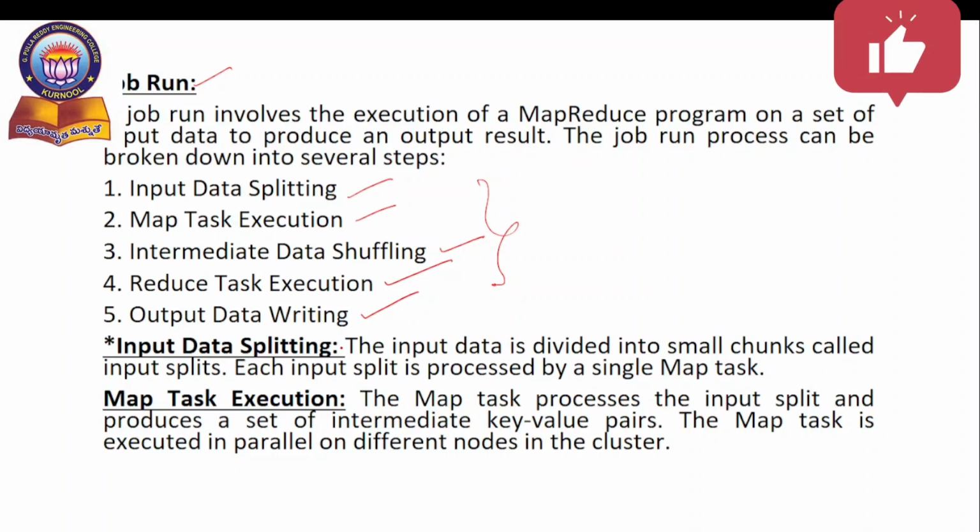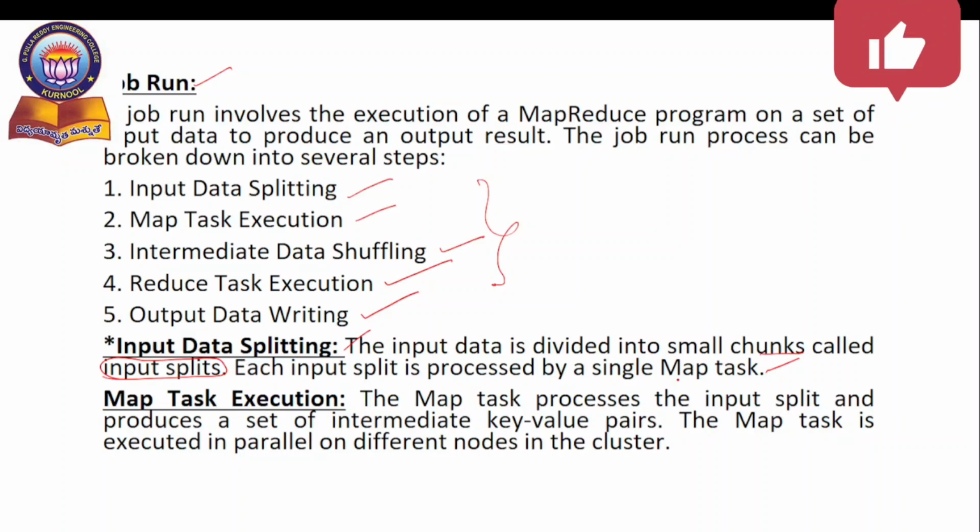First one is the input data splitting. The input data is divided into small chunks called input splits. Each input split is processed by a single map task. That is, the data will be split into small chunks, which are called input splits, and these input splits will be supplied to each and every map task.